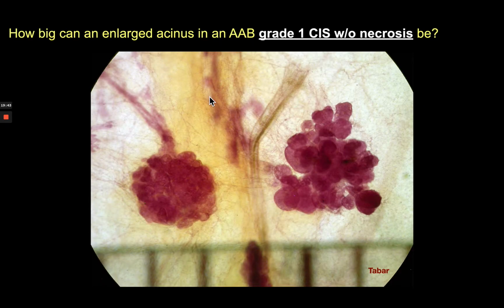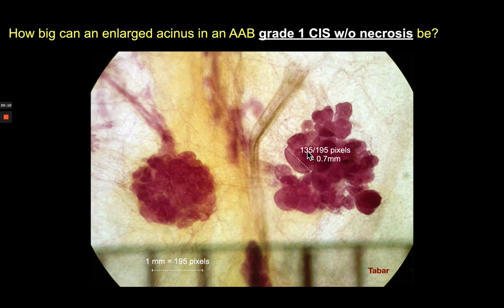Now these are AABs. So this is 2 different TDLUs filled with grade 1 to 2. This is actually grade 1 AAB. And each of these purple circles is an acinus filled with in situ carcinoma. So these are carcinoma. This is a carcinoma in situ. Now, a millimeter here is 195 pixels.